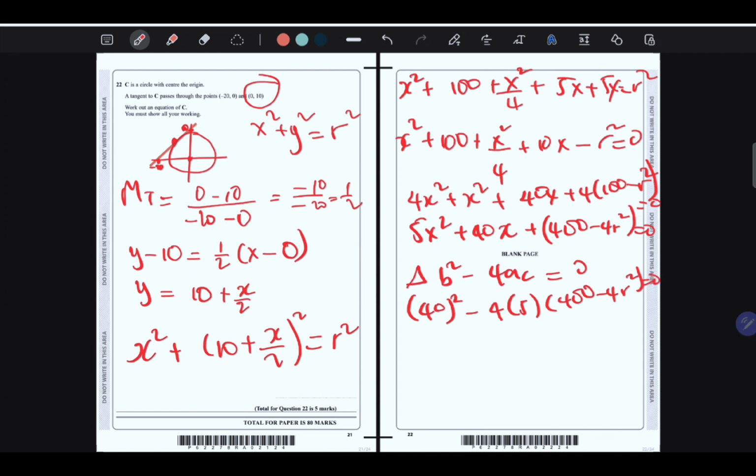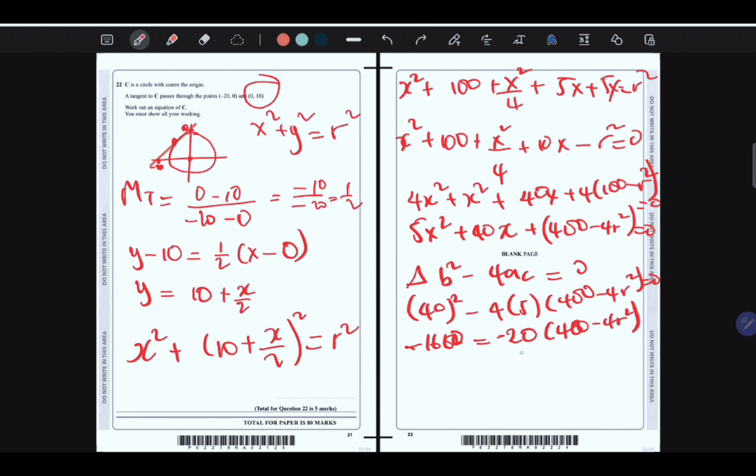Okay, now we have to work out the value of r. What if I take 40 squared to the other side, we're going to have negative 1600 equal to negative 20 times (400 minus 4r squared).